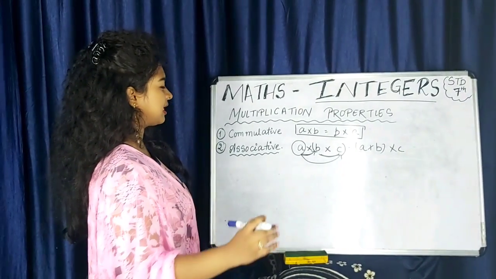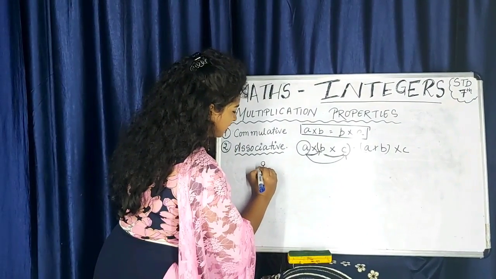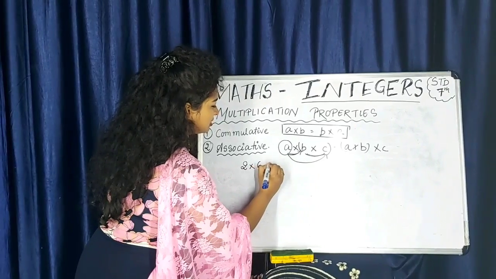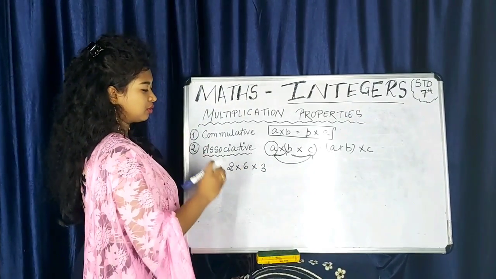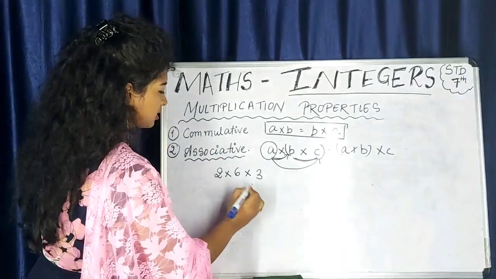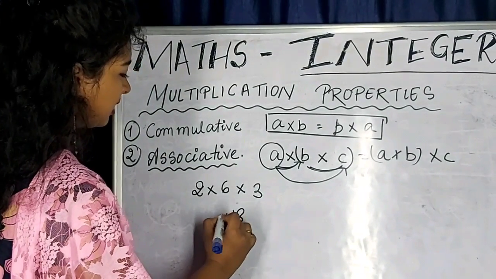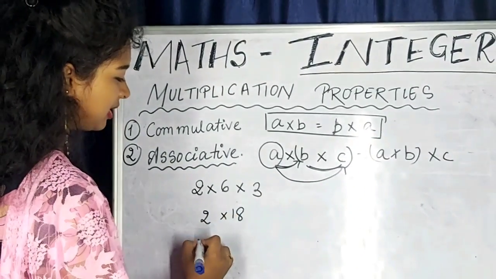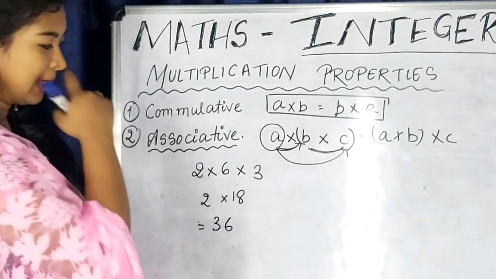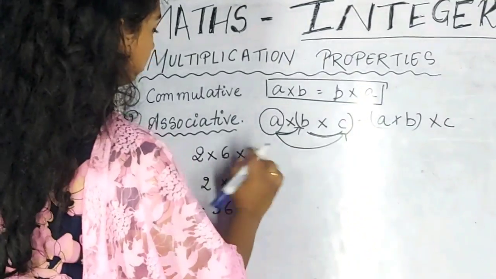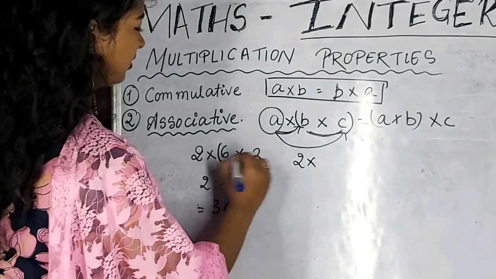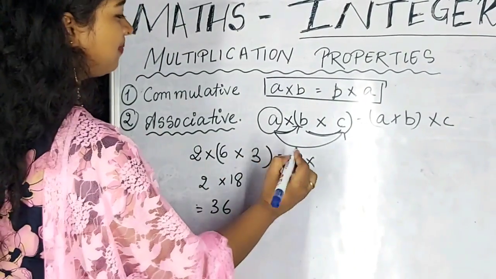Let me take an example for that. For example, 2 into 6 into 3. Okay, let's see the first type. 6 into 3 is 18, and 18 into 2 is 36, right? Now in this part, we have taken 6 and 3 as a pair.